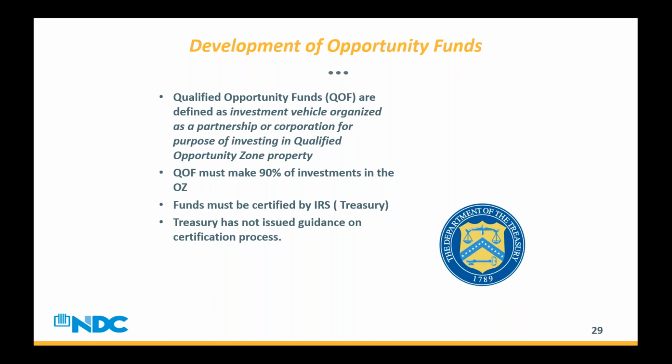And the reason I say that over again is because it is different than the way the federal government has operated before. So now the question is, what's an opportunity fund? And the amount of questions people have asked me that I don't have answers for are a lot more than the amount of questions I do have answers for.